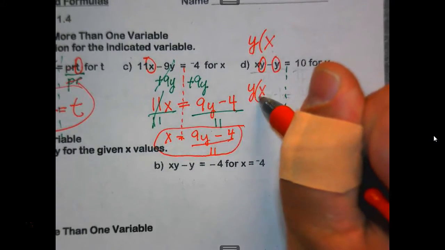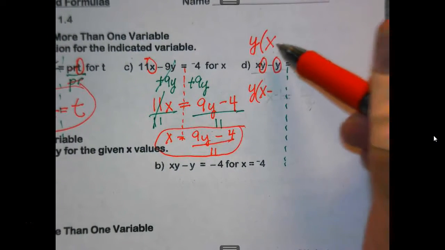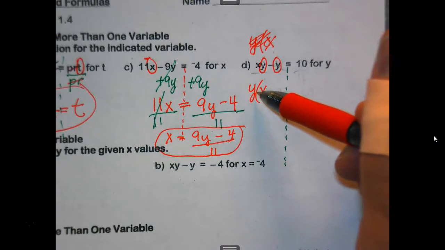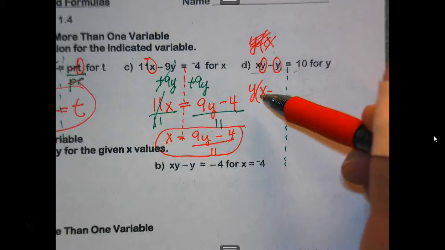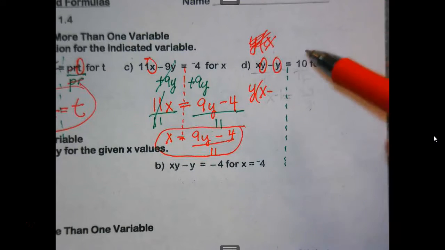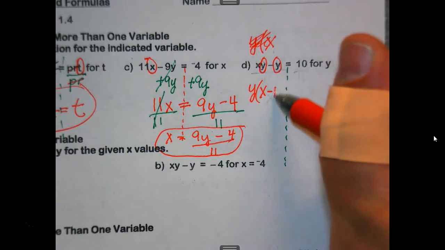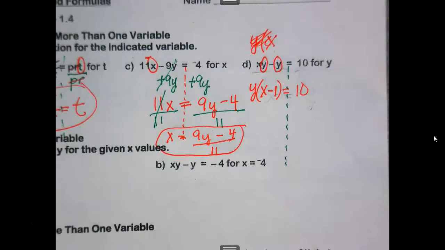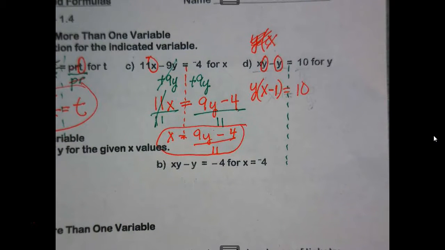So I have an x, and what if I take y divided by y? What do I get? What's anything over itself? 1. I am down to one term, aren't I?